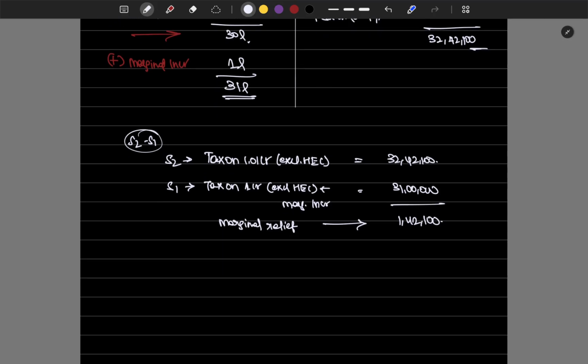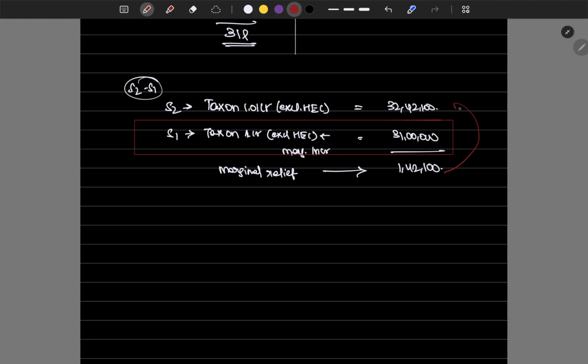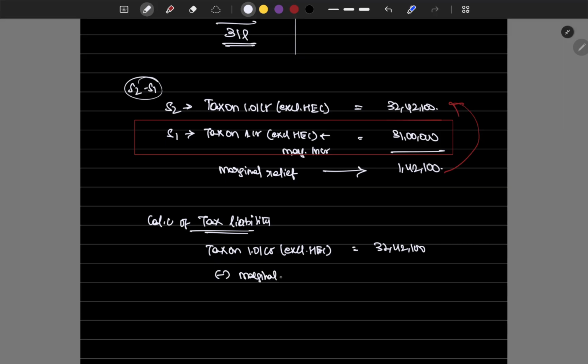Once we get the marginal relief, the value we use for tax purposes will be step 1. Anyway, the usual approach is to take the marginal relief and deduct it from step 2, the actual income. Even though the answer will be the same, for calculation of tax liability: step 2, tax on 1.01 crore excluding HEC, which is 32 lakh 42,100, minus marginal relief of 1 lakh 42,100, gives 31 lakh.